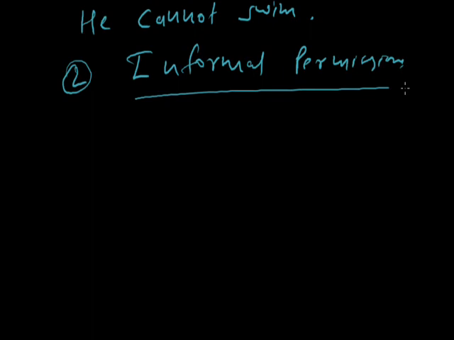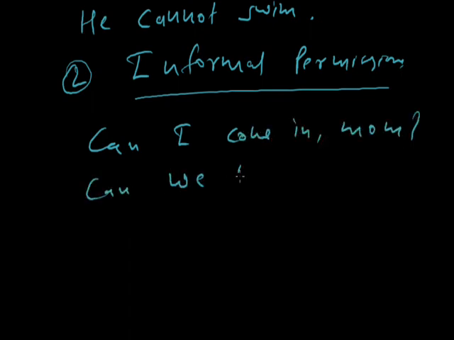You don't say, may I come in, mom? Because we use can for informal permissions, whereas we use may for formal permissions. Can I come in, mom? Can we watch TV, mom? No, you cannot. Go study.